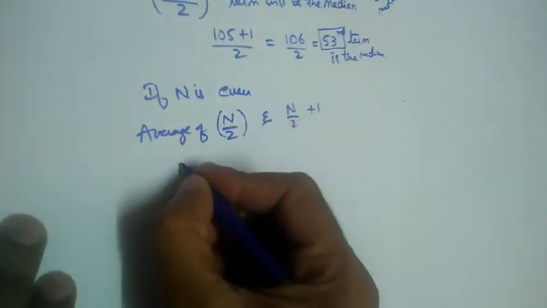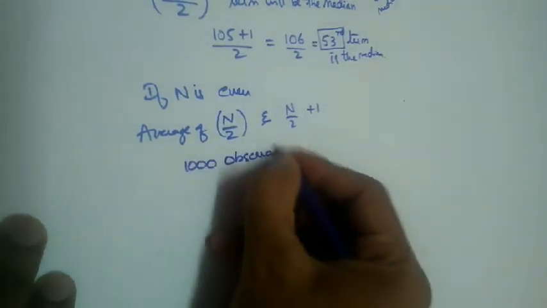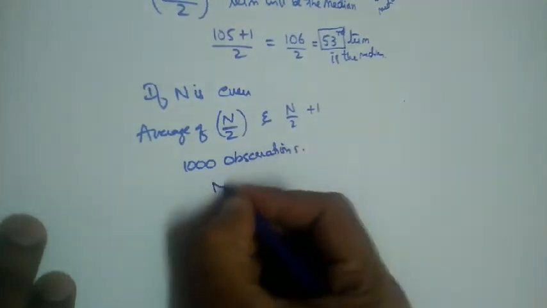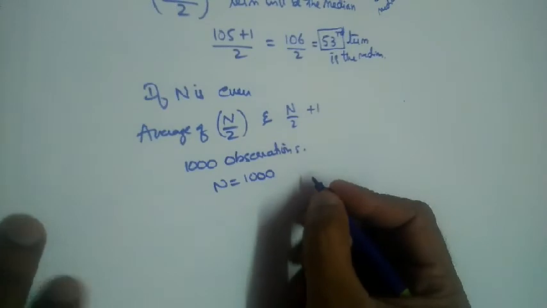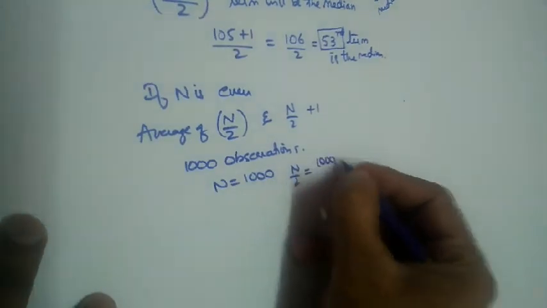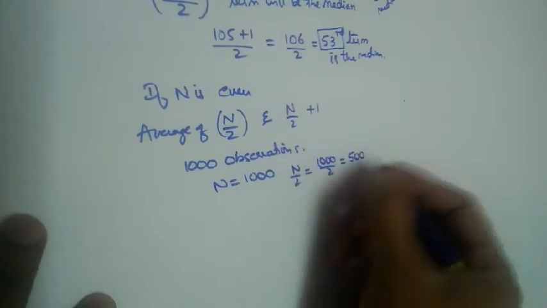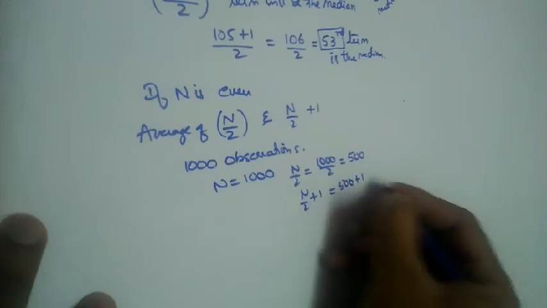Let us say there are 1000 observations. The value of n here is 1000 because n is the number of observations, right? So what will be n by 2? 1000 by 2 is 500, and n by 2 plus 1 will be 500 plus 1.